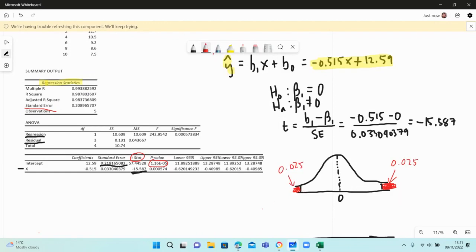Now, the t statistic that we obtained is negative, so it's on the left side of the distribution.